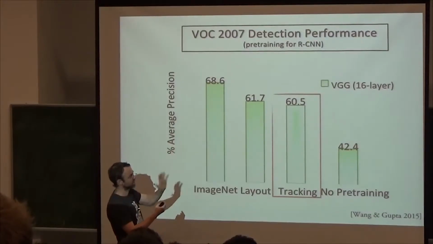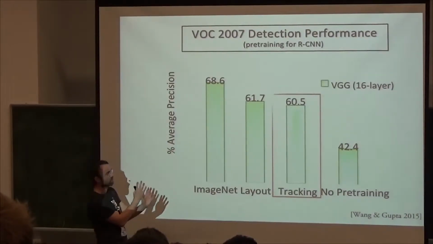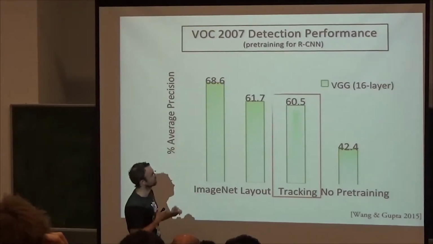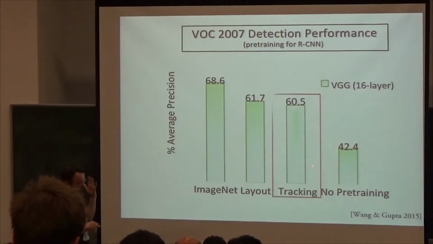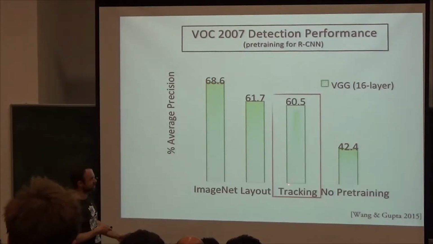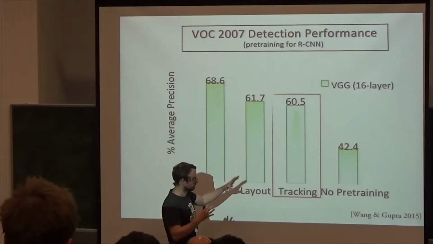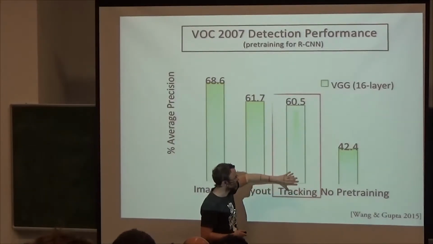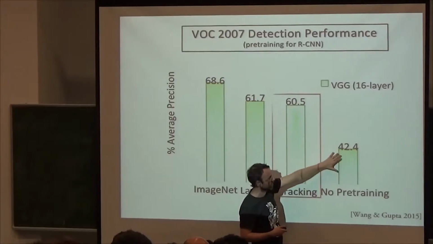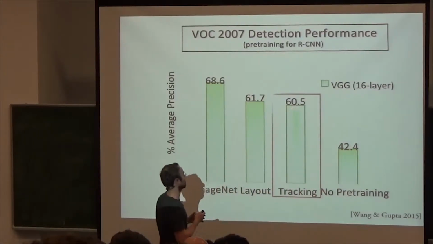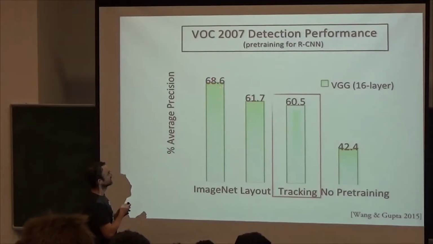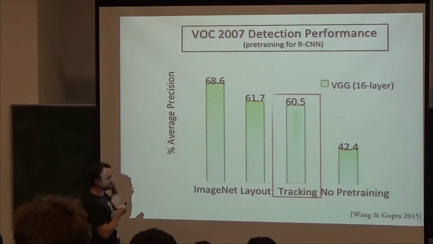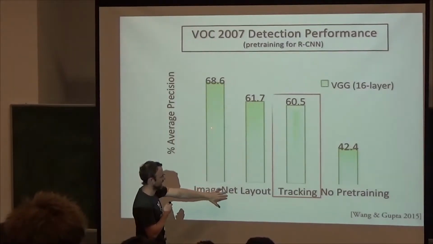So the ImageNet task and this Pascal task are almost the same as one another. If you do that, you do pretty well. But the key point about these self-supervised approaches is that, in this case, the tracking example, you actually do get a big boost over not doing any pre-training, and it's not that far off the cheating version of pre-training where you actually had human labels.